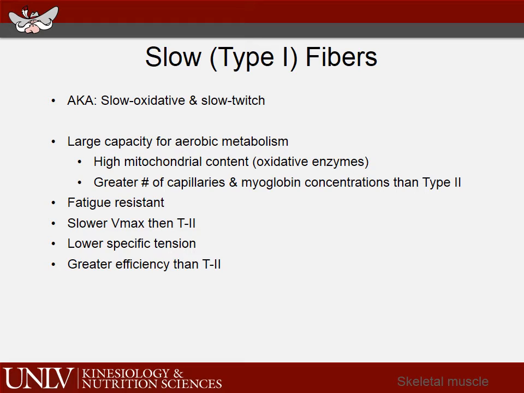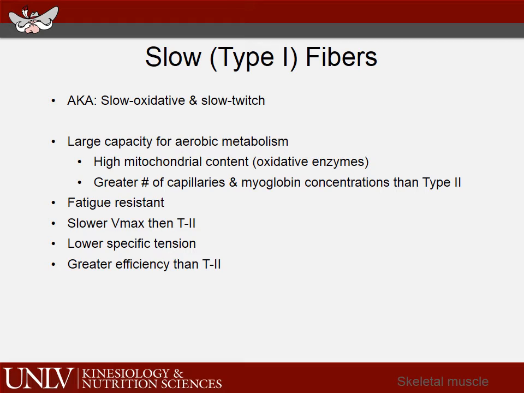There's lower specific tension. Now this is due to a low number of myosin and actin, so therefore they have less ability to generate a force, especially when we talk about the lower specific tension. If you remember from previous, it's per unit area of the cross-sectional area of the fiber. So here, because they have less ability to generate force, even if it's the same unit area, they're not producing as much force.